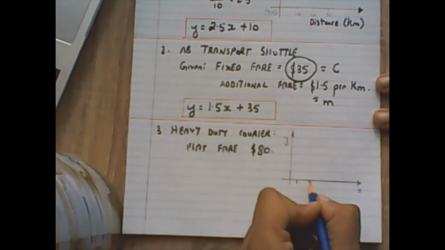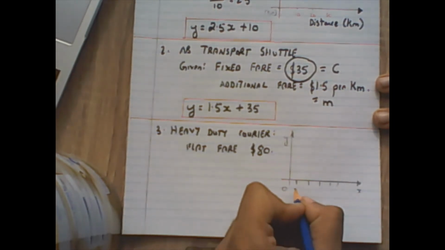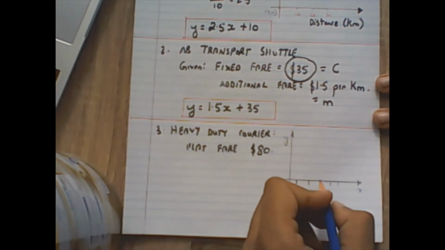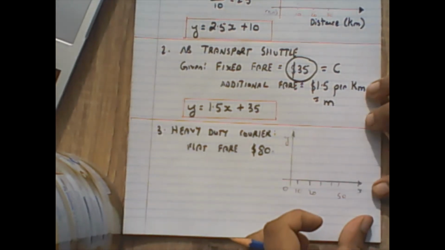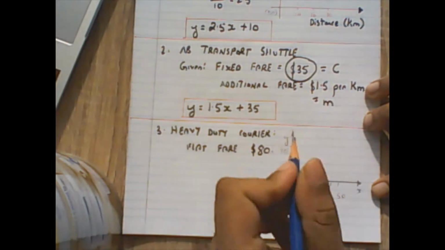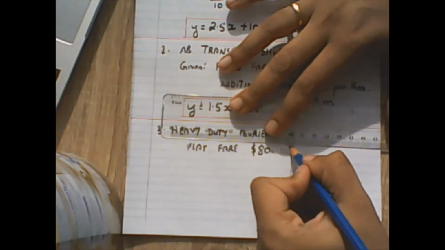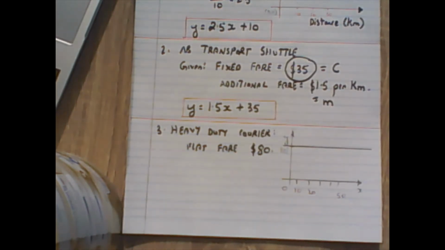Regardless of what I'm doing with my x, whether I go 0 kilometers, 10, 20, or 50, regardless of what distance I'm going, I'm still going to be paying a fixed fare of somewhere around $80. So it's basically going to be a graph that looks like this, a straight line.